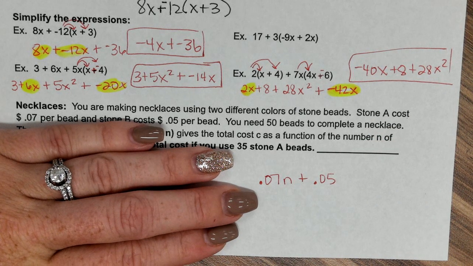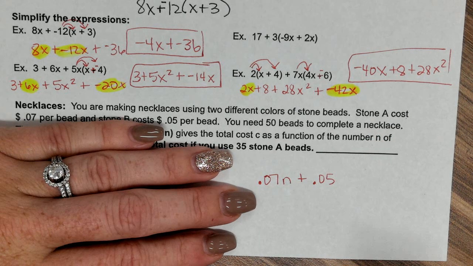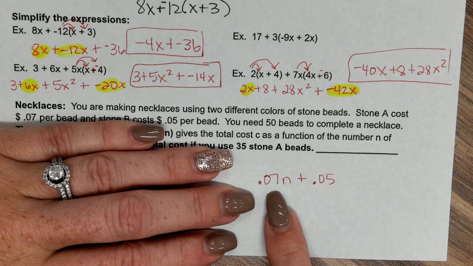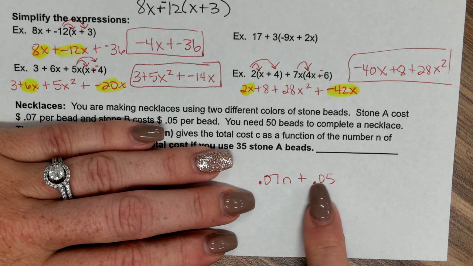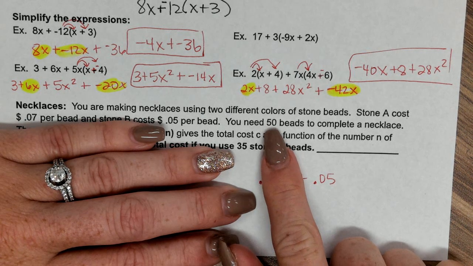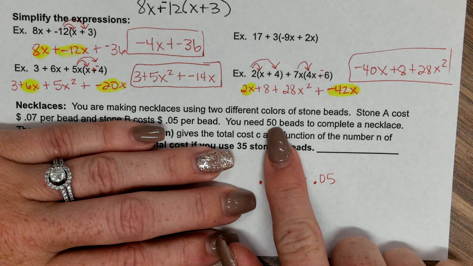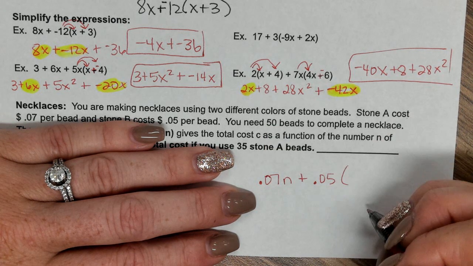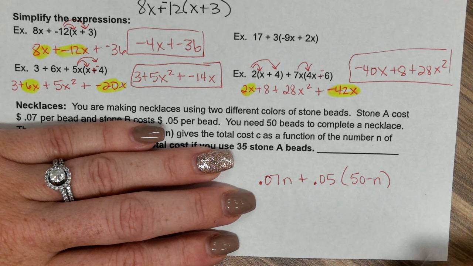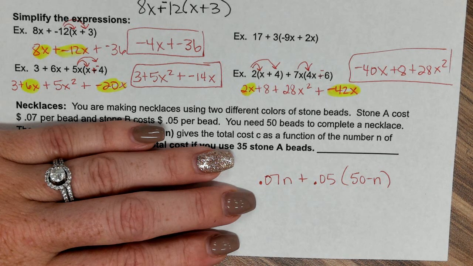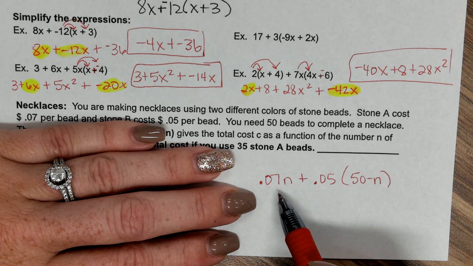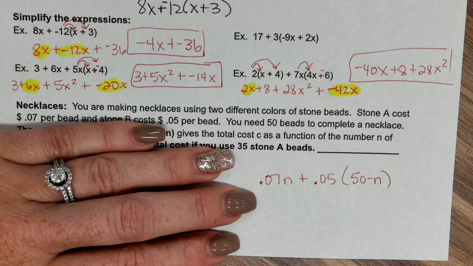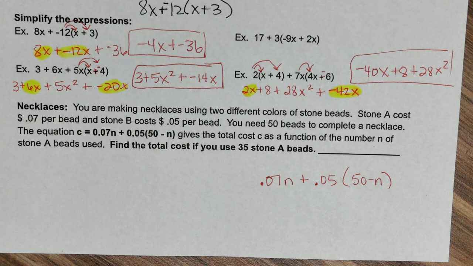I only get to use the variable N, but N represents stone A. So if I have stone B right here, and I'm buying 50 total beads, then stone B is going to be 50 minus N. Because if I buy 50 total, then 50 minus stone A would give me how many I buy for stone B, yes? And that's my equation. Did we set it up correctly? What is C? Our answer, the cost.